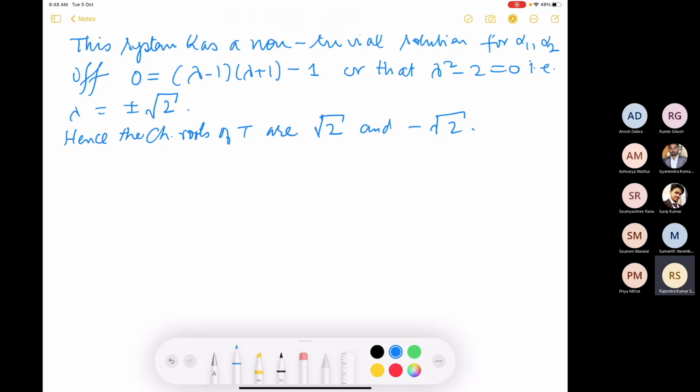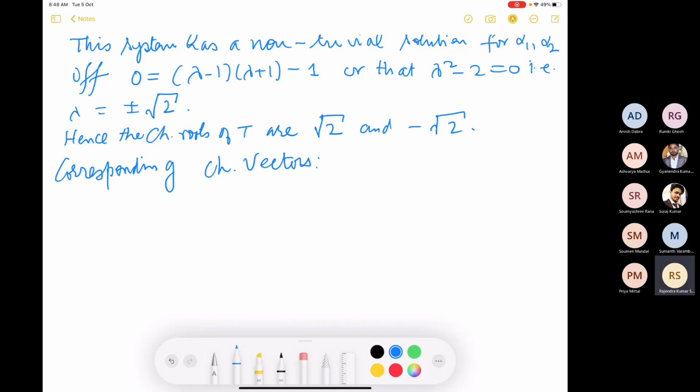So these are the two characteristic roots. Now we want to see the corresponding characteristic vectors for each of them.